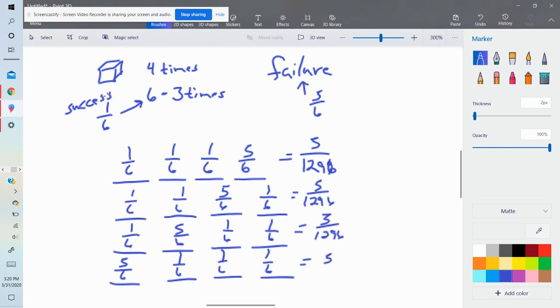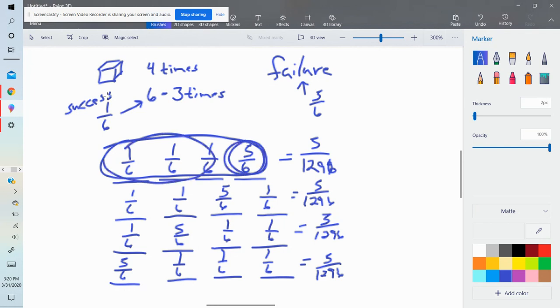They're all the same probabilities, even though they're in different orders. They're all 3 successes and 1 failure. However, there are 4 different ways that this could happen.